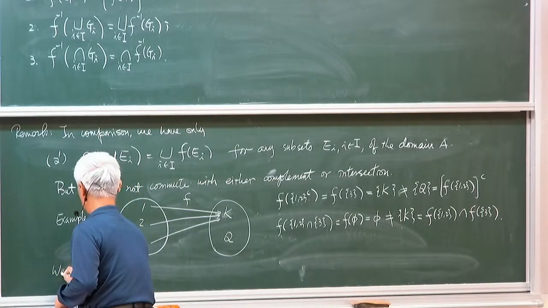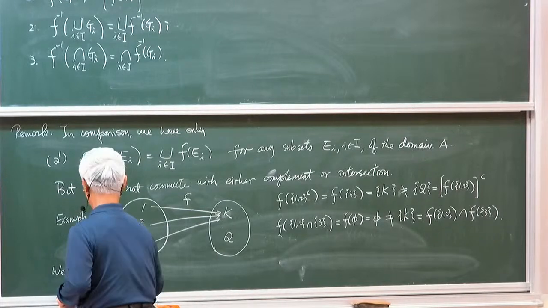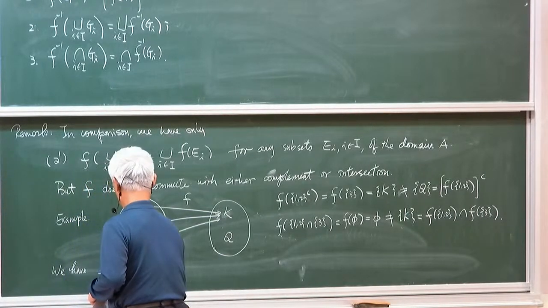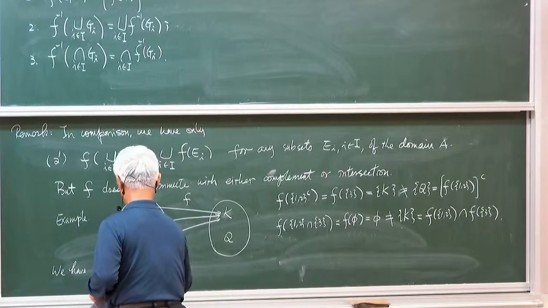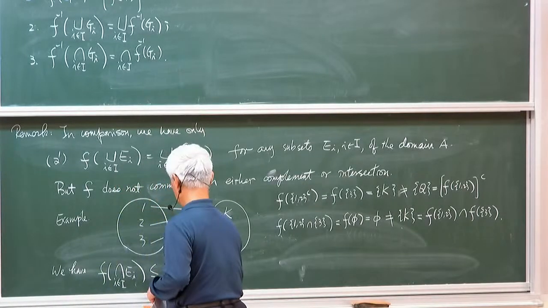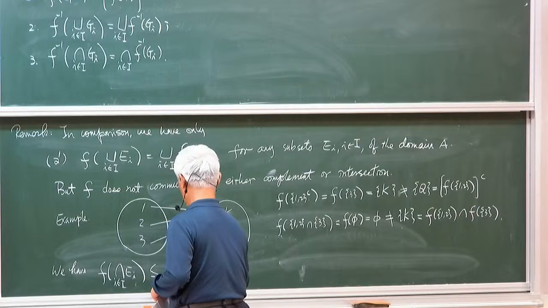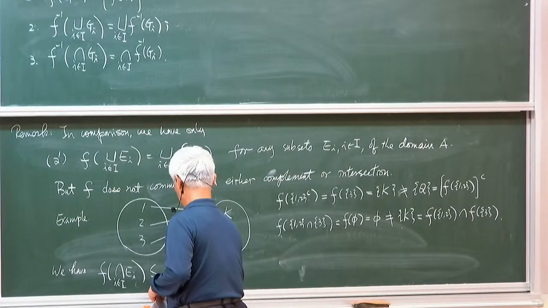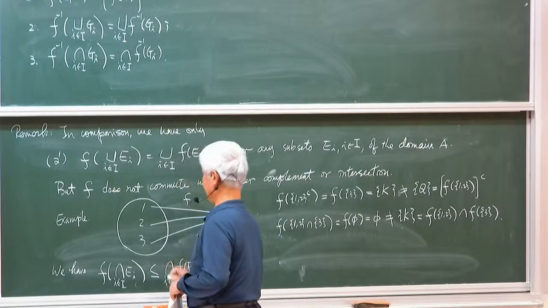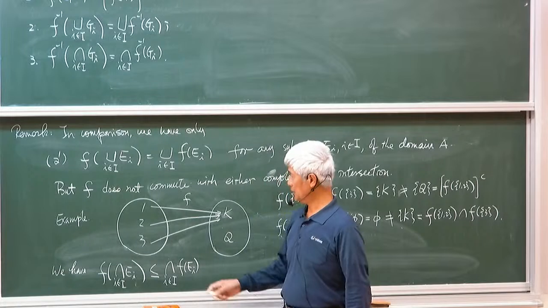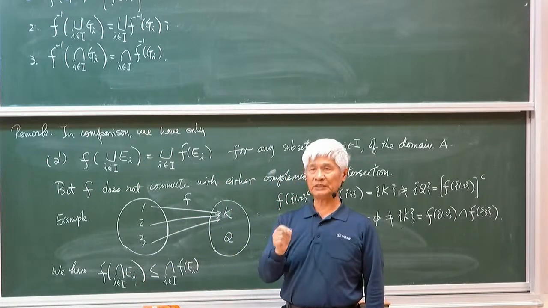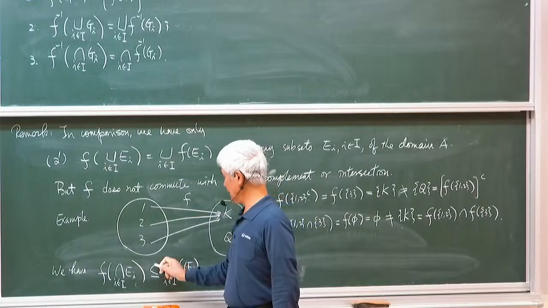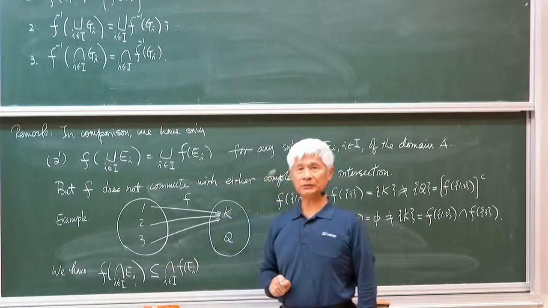But we have the intersection contain the intersection of EI. Okay. So even though F and the intersection do not commute with each other, we have the inclusion result.